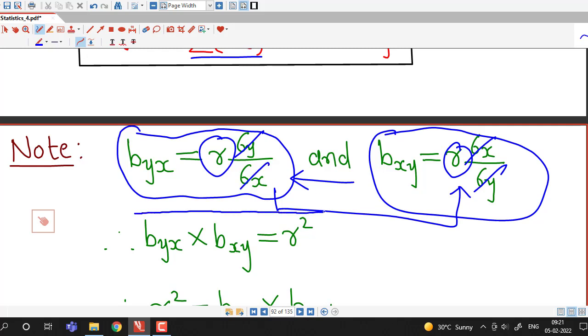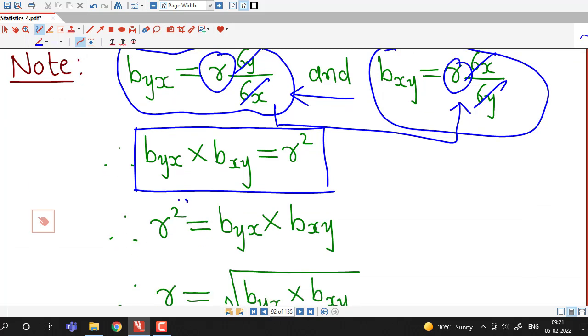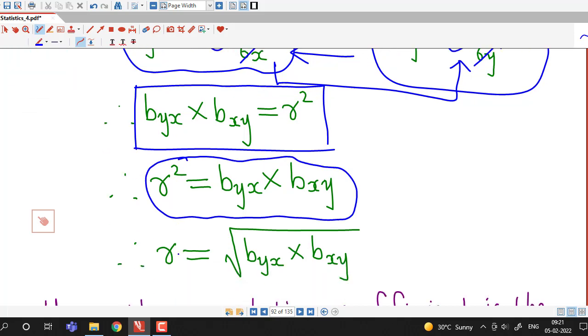So we can see that the product of regression coefficients equals the square of the correlation coefficient. We can write this as r square equal to byx times bxy, or r can be written as the square root of byx into bxy.